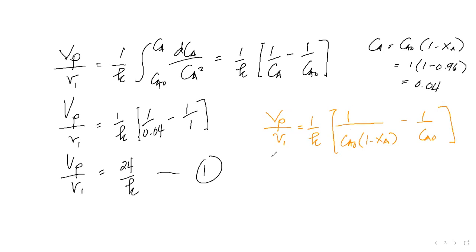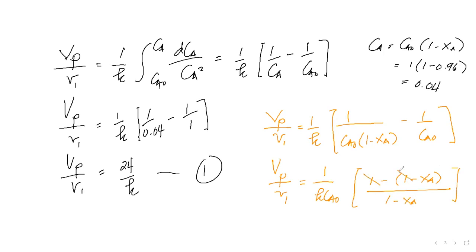Because I want to have a formula and check whether the formula will be dependent on initial concentration. The CAO and the CAO here can be written together with the K. And what I'll have here, if this is simplified, would be 1 minus quantity 1 minus XA over 1 minus XA.